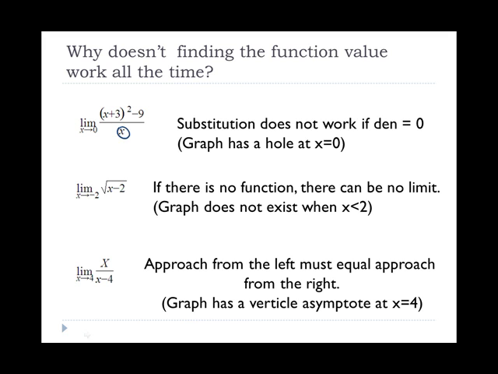So if I plug a 0 in here and here, I'm going to get a 0 in the denominator, which is undefined, which means there's not a function value at x is 0, but that doesn't mean that there is not a limit. This one actually has a hole in it. If you look at the graph of this, at x equals 0, there is a hole.